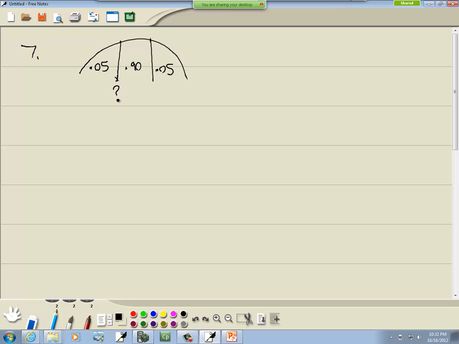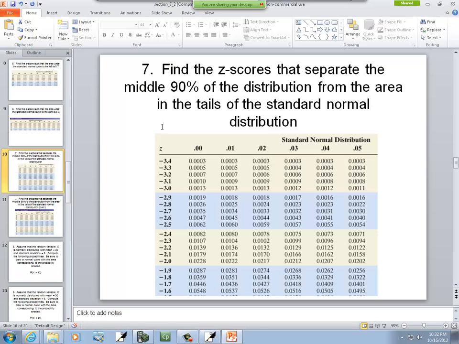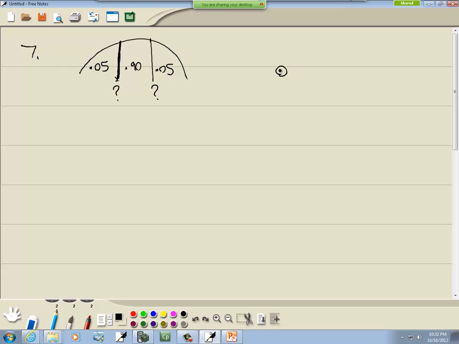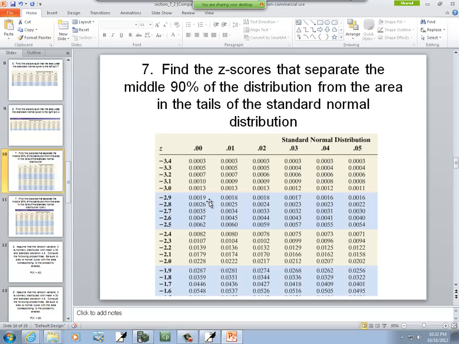Now what we're trying to find is this right here. So we're trying to find this value. Well, if I look at this one, the area to the left of this value right here, where I'm drawing a line, the area to the left is 0.05. So if I come over here, I'm looking up 0.05, and then I put a couple zeros on there, so 0.0500.